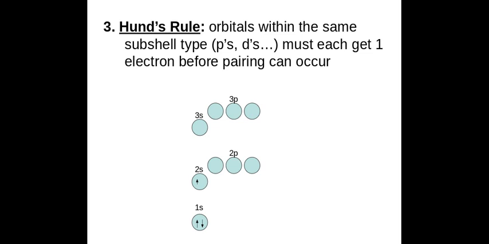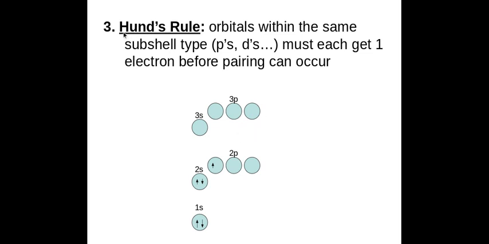That would be a good representation of where lithium would be putting its electrons. You put 2 in the 1s orbital, and then that orbital is full. You'd have to put the third one in the 2s orbital. You can put a fourth one in the 2s orbital. When you get a fifth one, you're going to have to put it in the 2p orbital.